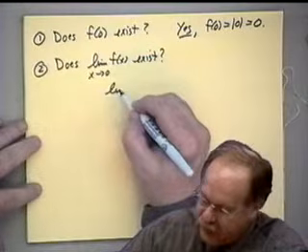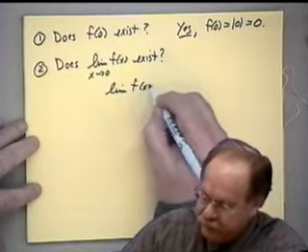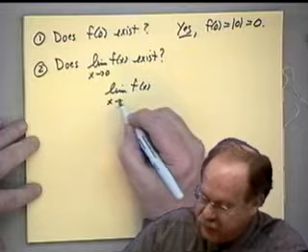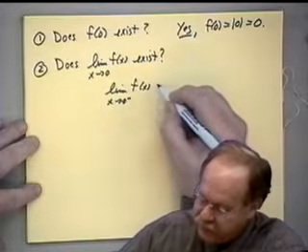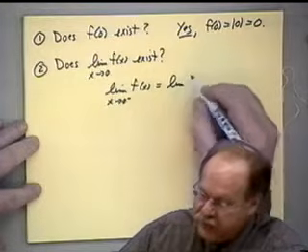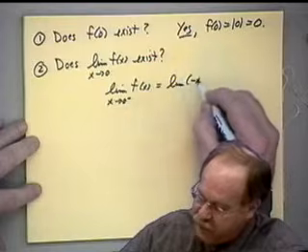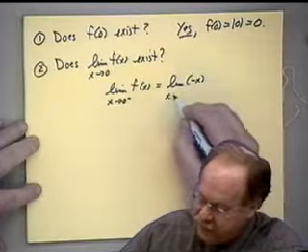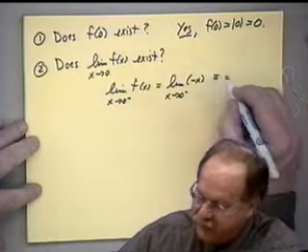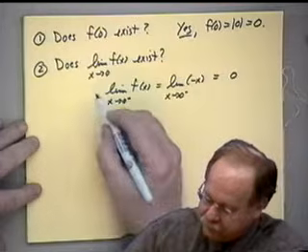Let us first look at the limit of f of x as x approaches 0 from the left. So that's the limit of, if you come from the left, the function is actually minus x as x approaches 0 from the left, and that is just 0.